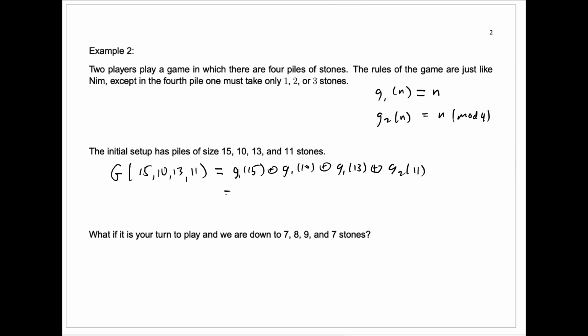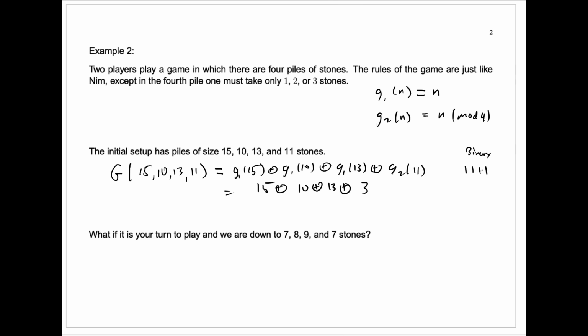So G1 of 15 is just 15. We take the NIM sum with 10 and 13. And then we need to know G2 of 11, which in this case is just 3. And then we compute this NIM sum. We look at the binary. 15 is 1, 1, 1, 1.